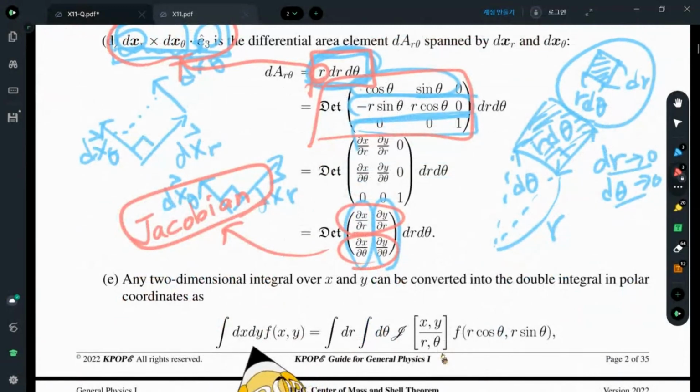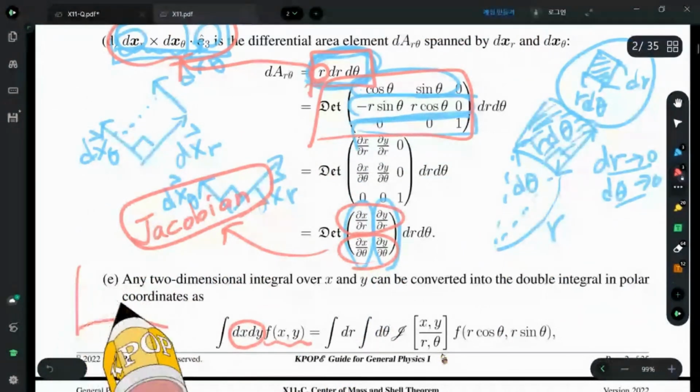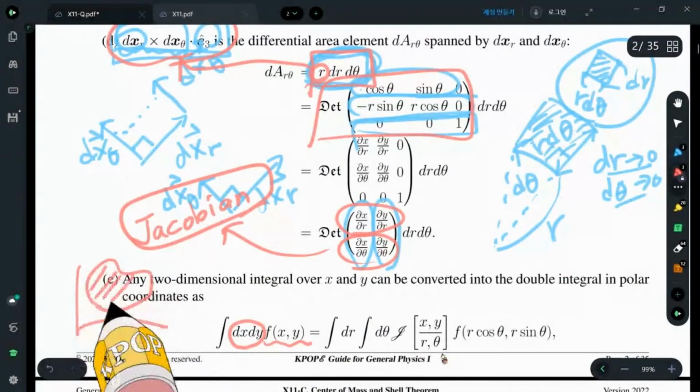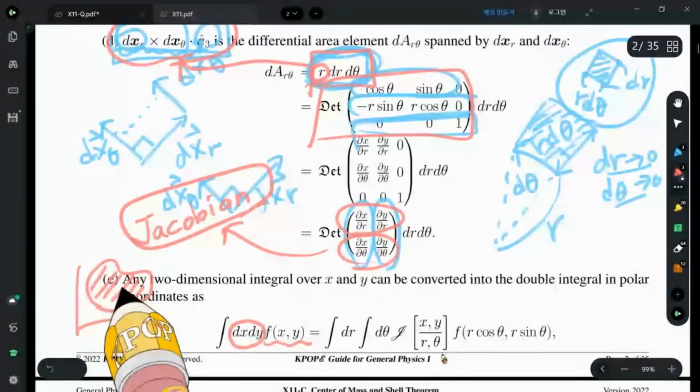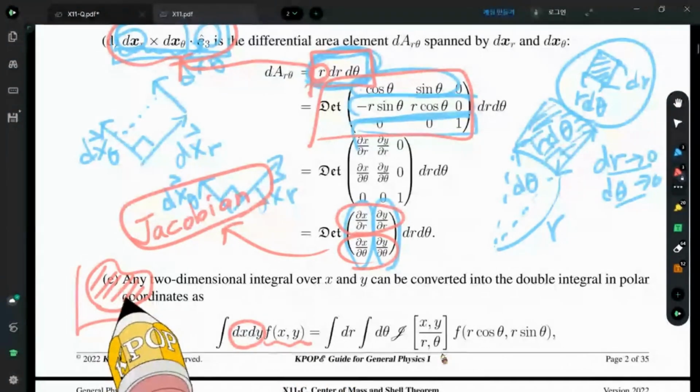For example, we have a function of x and y integrated over some region on the xy plane. This is a function of x and y only. However, sometimes it is convenient to compute this integral differently.